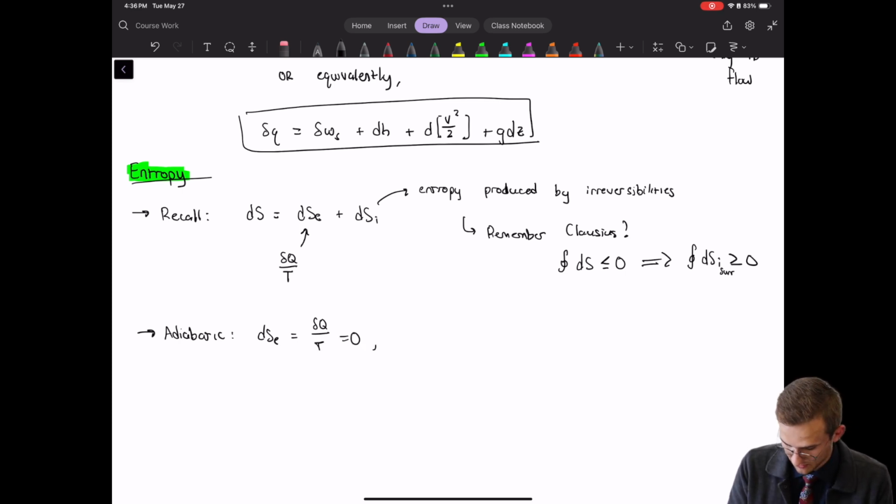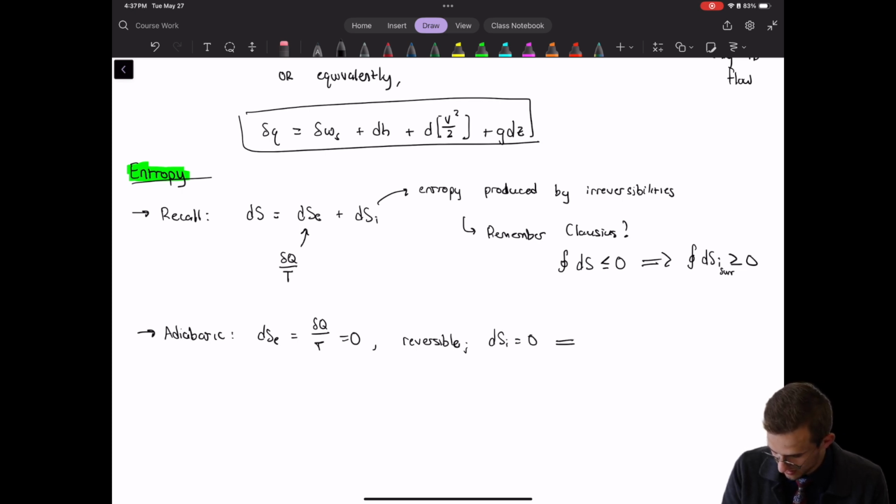And then a reversible process means that dSi is equal to 0. So then an isentropic process is both adiabatic and reversible. Okay.